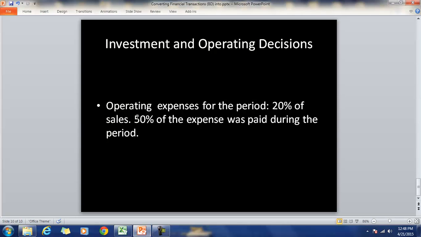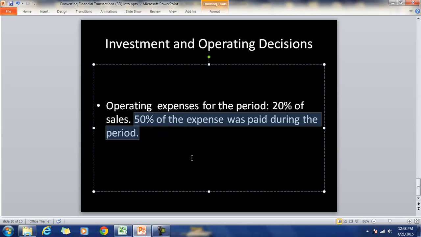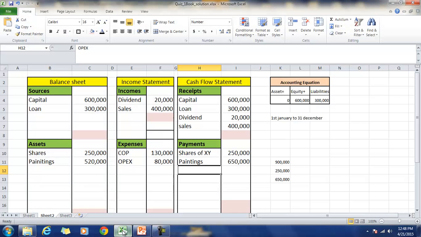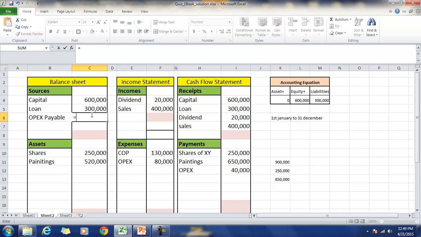They paid only 50% of these expenses during the period, but because of the accrual concept, we record the entire operating expense, while the payment that we'll make is 50% of this. So an expense paid is an outflow of cash. An expense not paid is a liability.